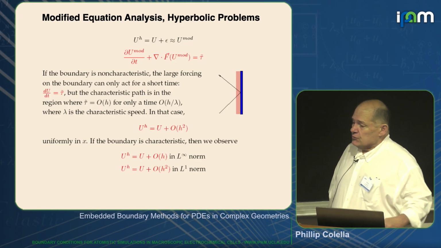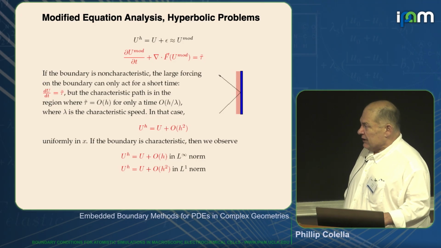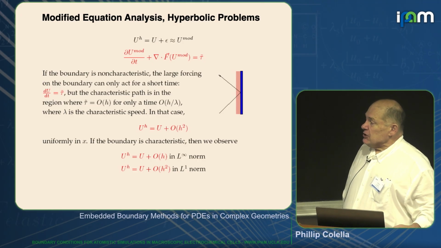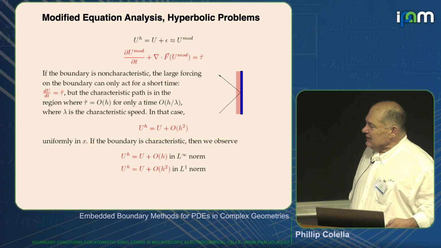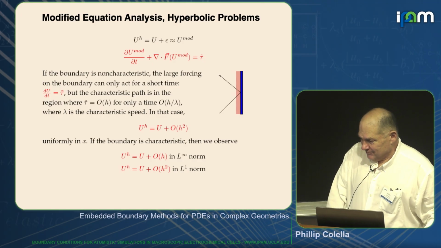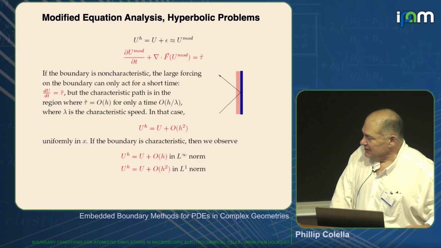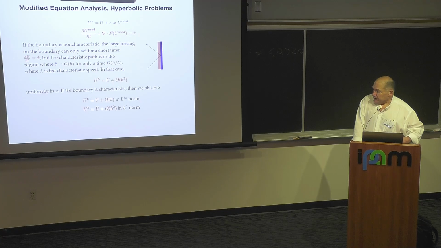It gets into this region where the error is order h, and then the wave reflects off and comes back out again. How long is this signal exposed to an order h error? Only for a time order h divided by the wave speed. So the total contribution to this error is really order h squared. That's if you have a non-characteristic boundary.